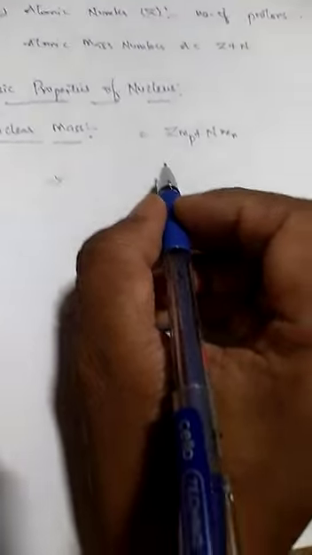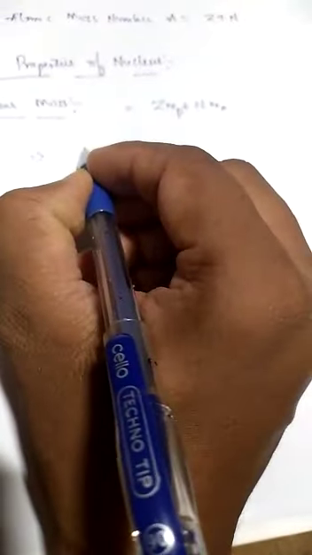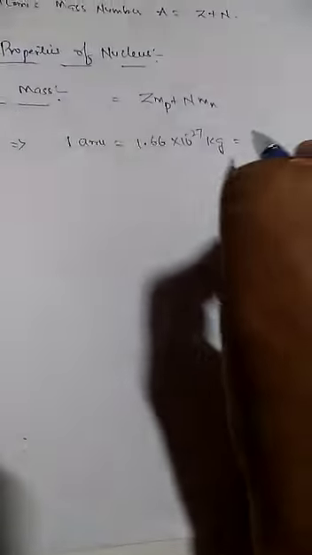So here, according to Einstein's mass energy equivalence, mass is converted to energy. Nuclear mass nowadays is measured in AMU, where AMU stands for atomic mass unit. So 1 AMU is equal to 1.66 × 10^-27 kg. Here I am using Einstein's mass energy equivalence relation.